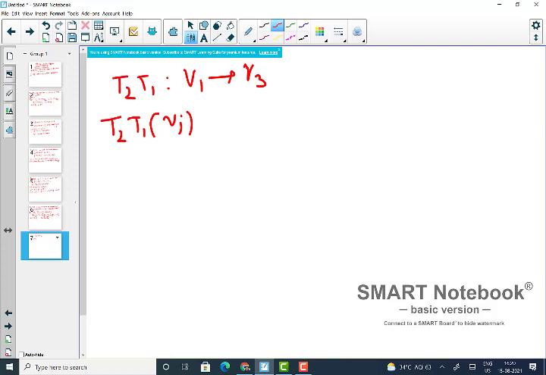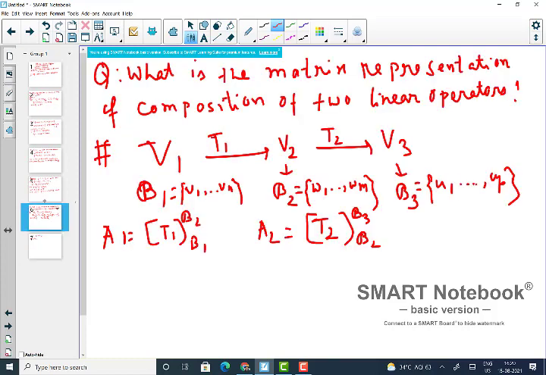What will be the jth element of that? Okay, before that, let me write down some more. Suppose this is a matrix. What does that mean? That means A_ij.